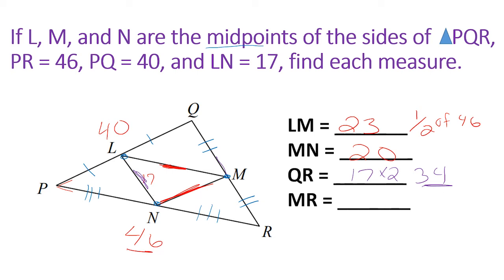If QR is 34 and MR will be congruent to QM, if the whole thing is 34, that would make each side 17 here. So again, QR is 34. So half of that would be 17 for MR. All right, so we found the length of each one of these sides here.